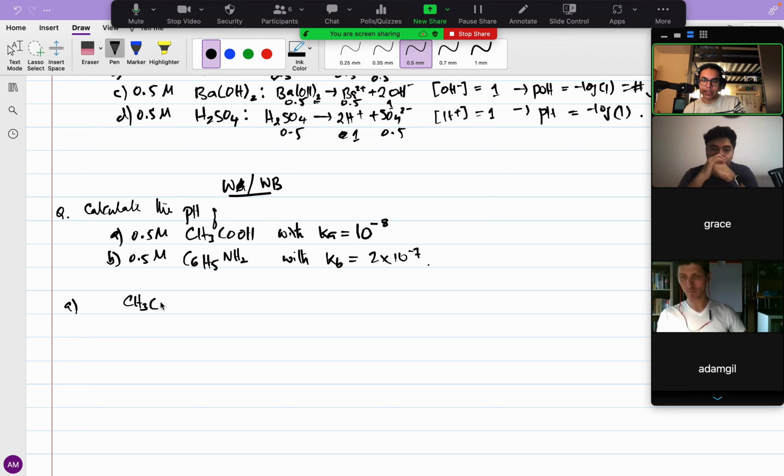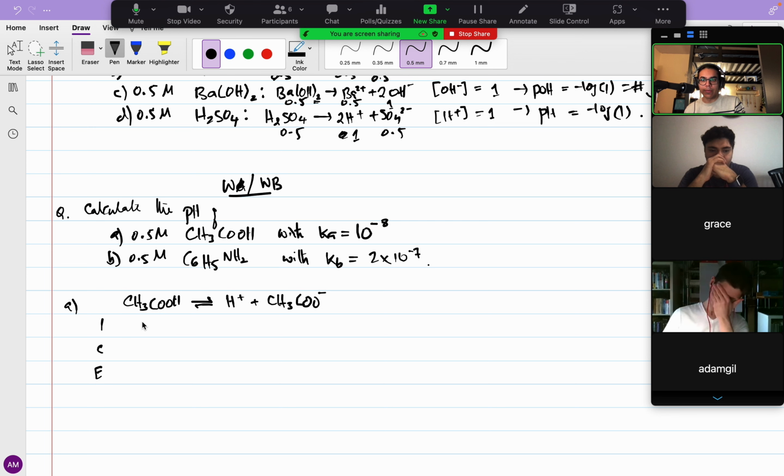Okay, so here's your acid, CH3COOH. It dissociates into H plus because it's an acid, and what's left of the acid, which is CH3COO minus. And then you have your ICE, initial, change, equilibrium.